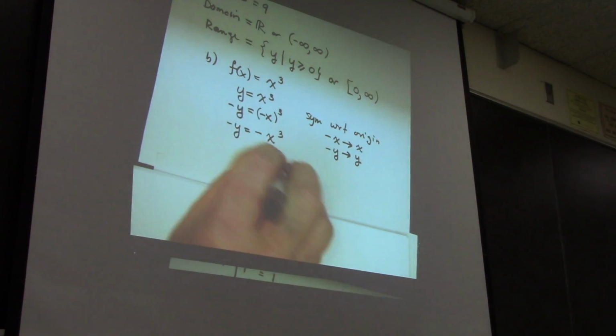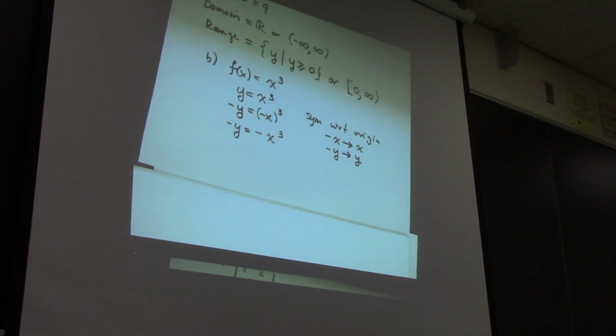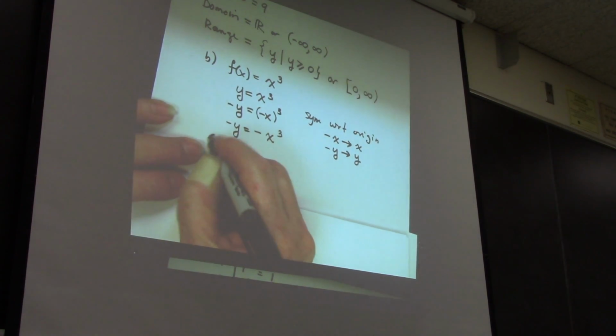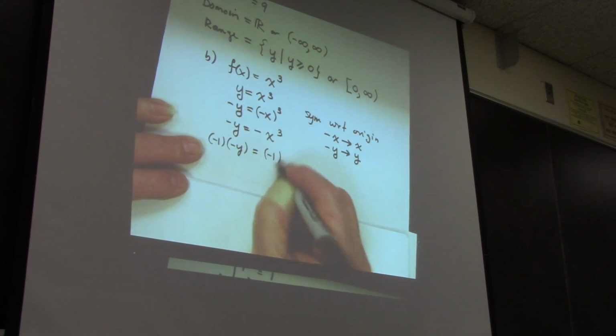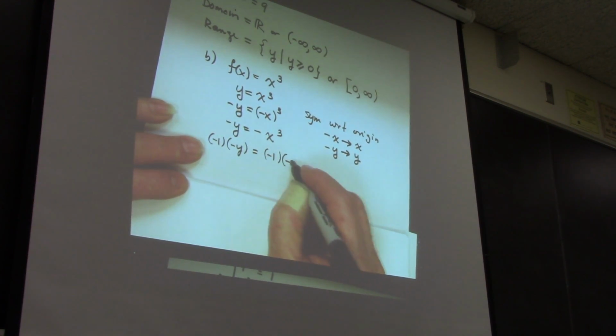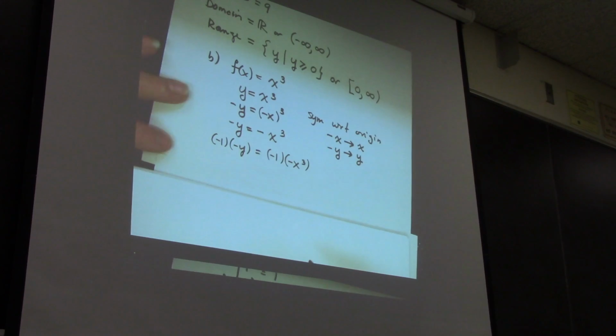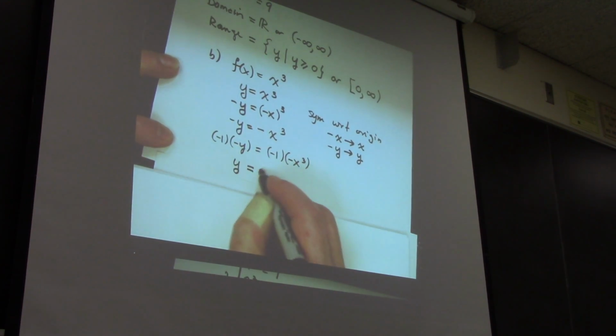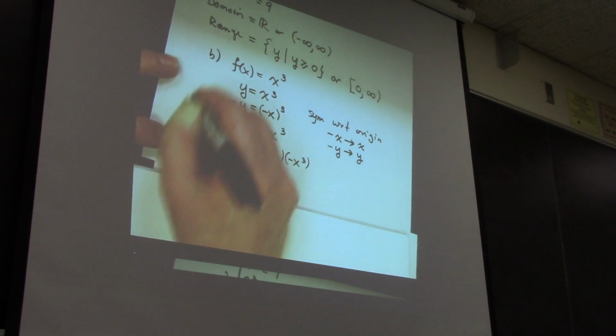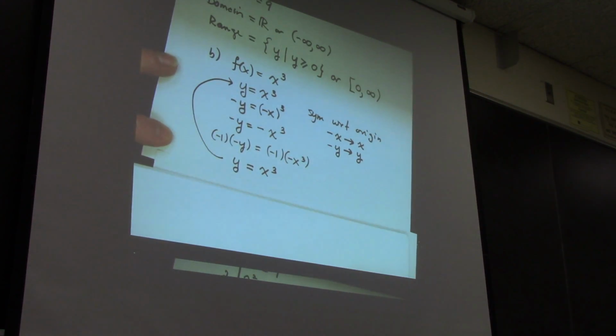I got negative signs on both sides. So if I just multiplied both sides by -1, which is legal and certainly does not change the solutions to the equation, then we would get y equals x cubed, the same equation.